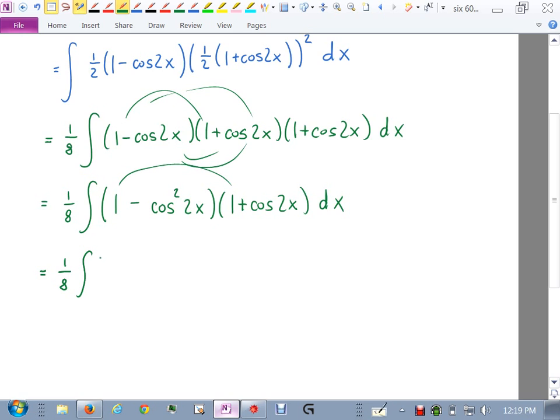So 1 times 1 is 1. And I have a cosine 2x plus a cosine squared 2x, and then a minus cosine cubed 2x dx. Do you all at least understand the multiplication I did here to get all this?